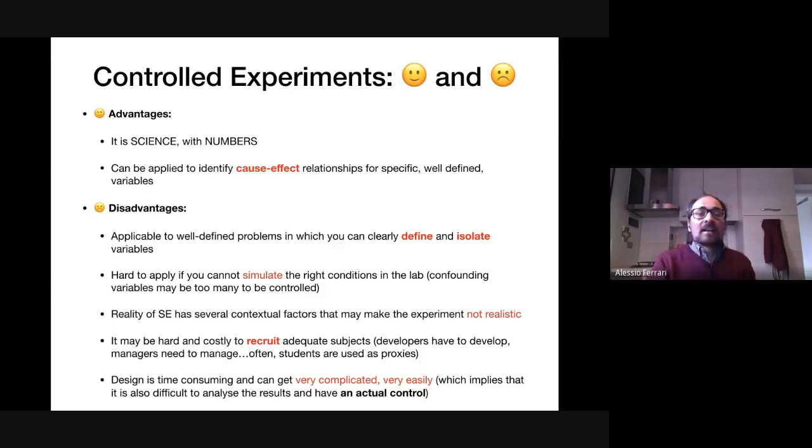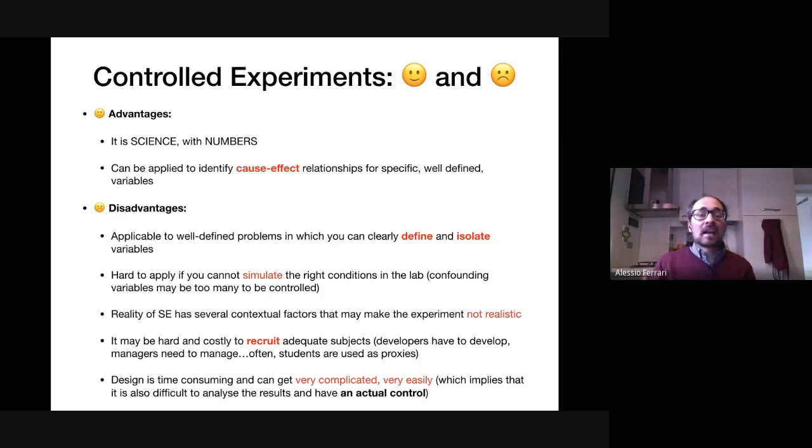They are applicable only to well-defined problem in which you can actually define and isolate these variables. As I said at the beginning, if you have cases in which it is very complicated to isolate the variable of interest because the contextual factors that may affect them are many and cannot be separated by the measurement of the variable, it is very hard to perform an experiment.